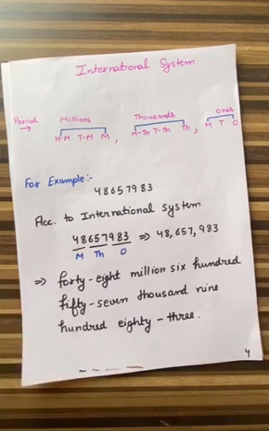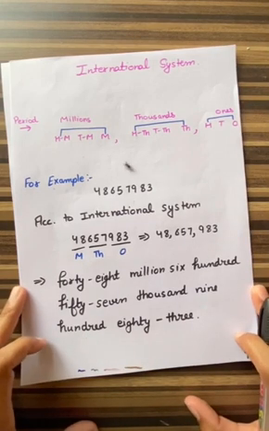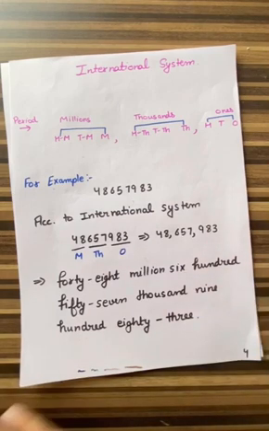First of all, understand why, when we already have an Indian system, there is a need to adopt the international system. Students, when we trade on the international level, when we export or import internationally, there is a need to adopt a system which is adopted by all the countries.